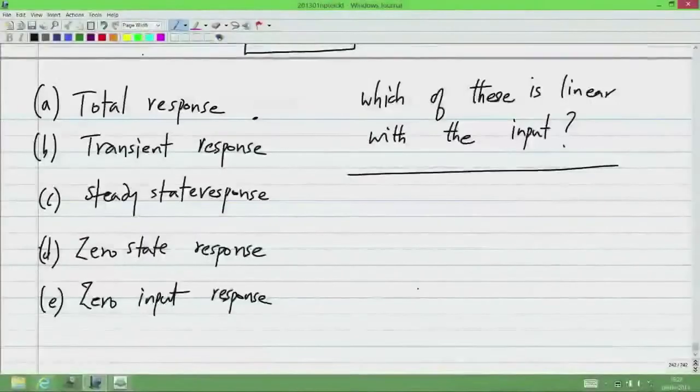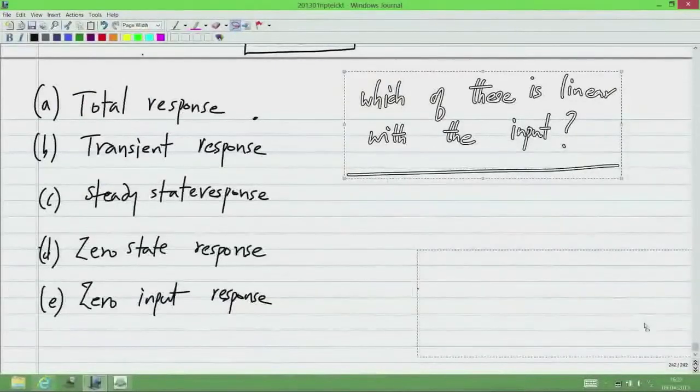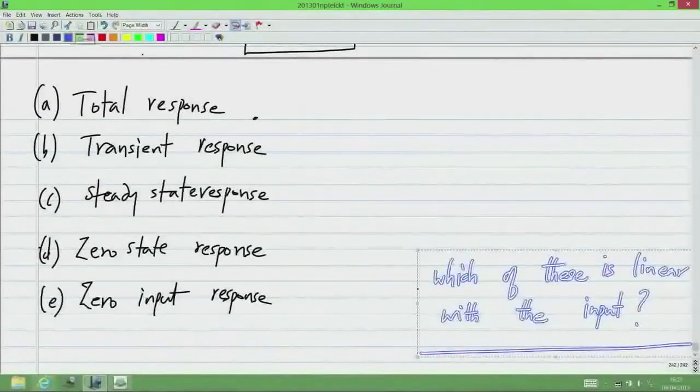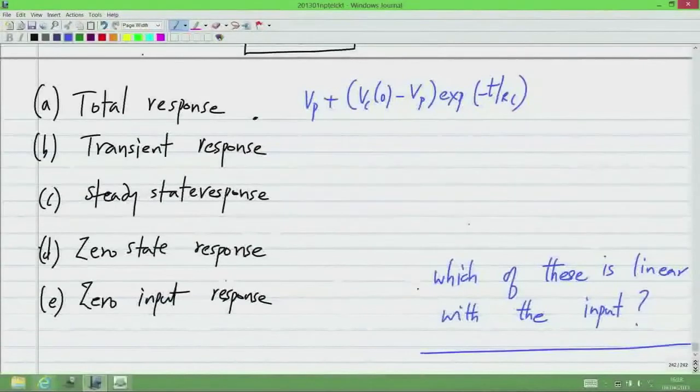In fact, all you have to do is to look at the expressions for these. The expression for the total response is Vp plus Vc of 0 minus Vp times exponential minus t by RC. The transient response is Vc of 0 minus Vp times exponential minus t by RC.